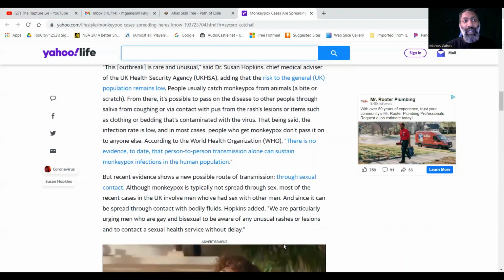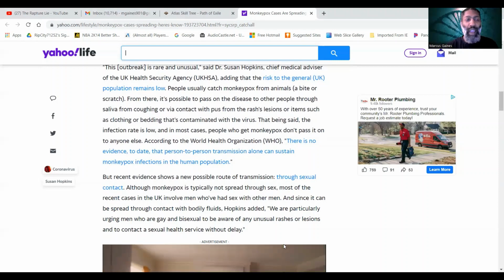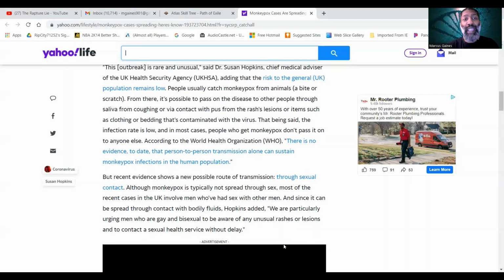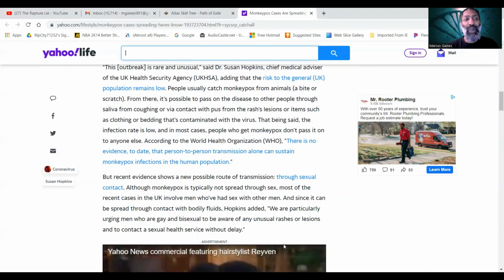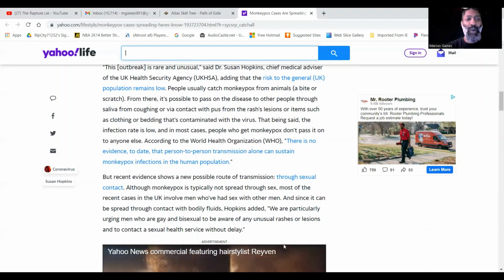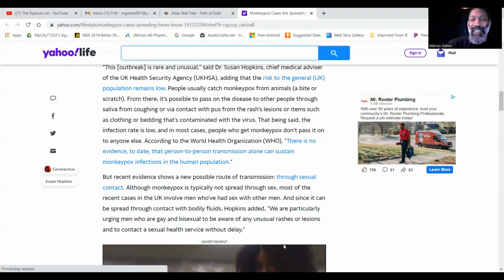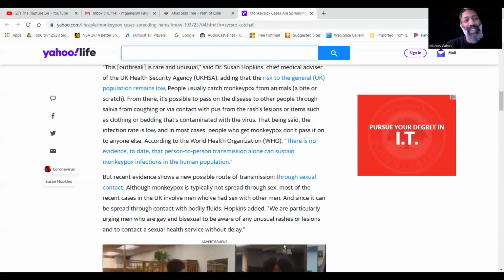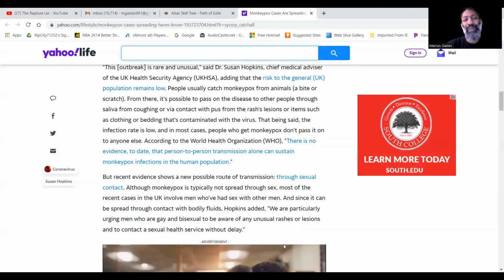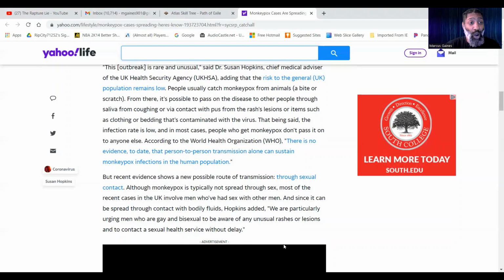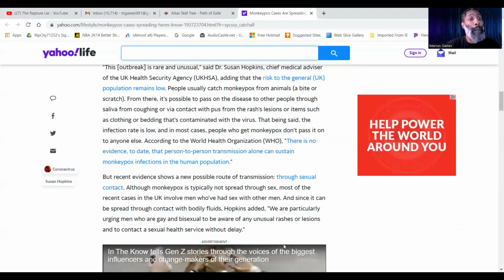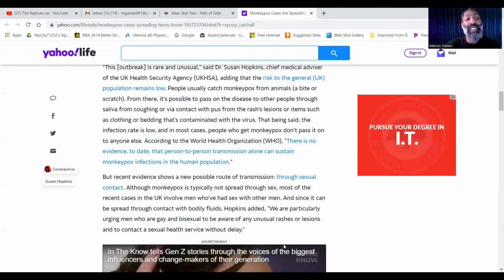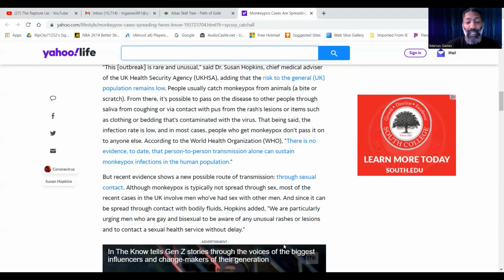That being said, the infection rate is low, and in most cases, people who get monkeypox don't pass it on to anyone else, according to the WHO, the World Health Organization. There is no evidence to date that person-to-person transmission alone can sustain monkeypox infections in the human population.